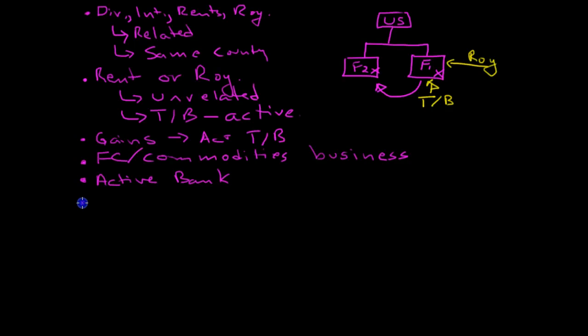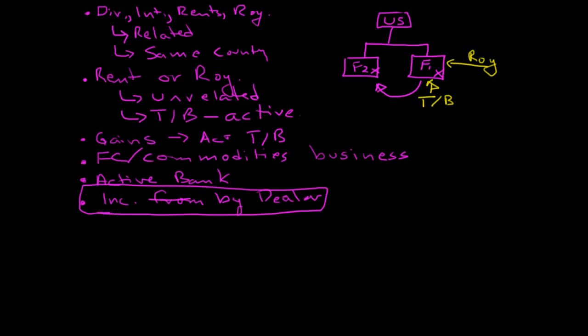And then the final one, and this one will definitely have a separate webcast on, is income from dealers, or derived by, not so much from, but I guess, by dealers. So if you're a dealer in one of these properties, then you could also hit an exception. And this is a very interesting item on the dealer, because what you could literally end up with is a scenario where your U.S. person owns a foreign company that brings in a passive asset.